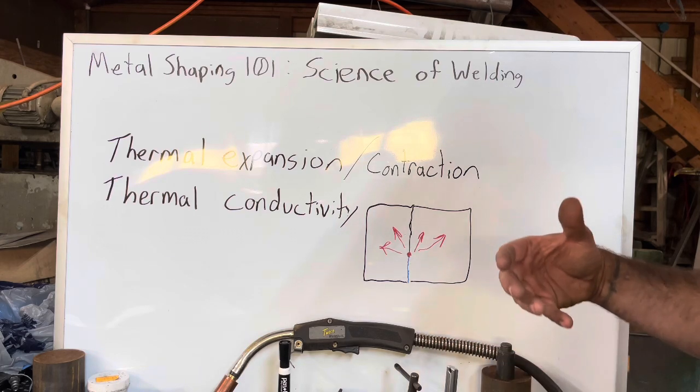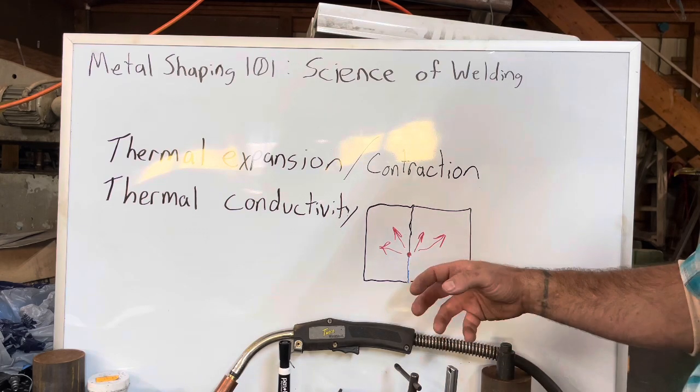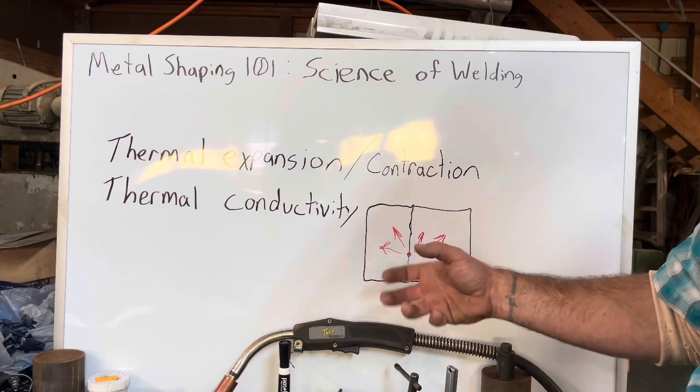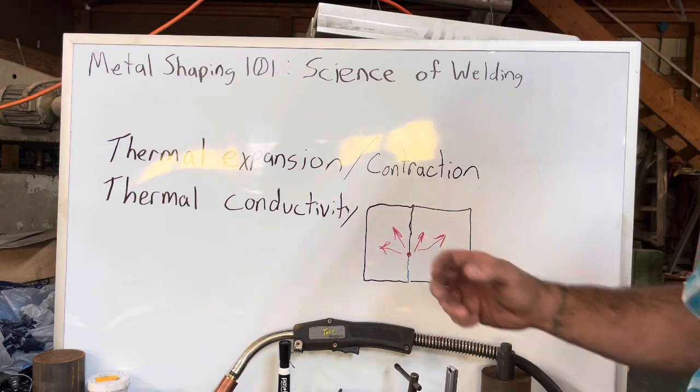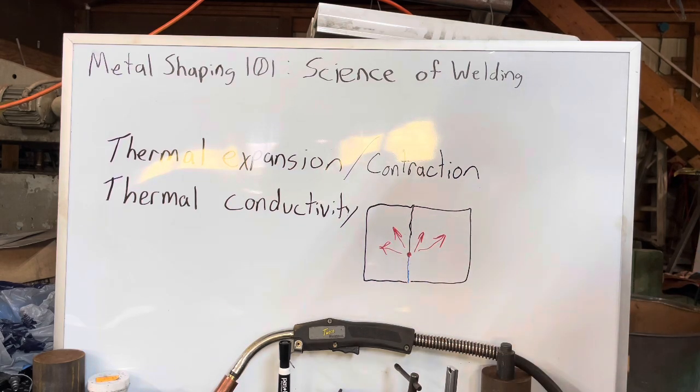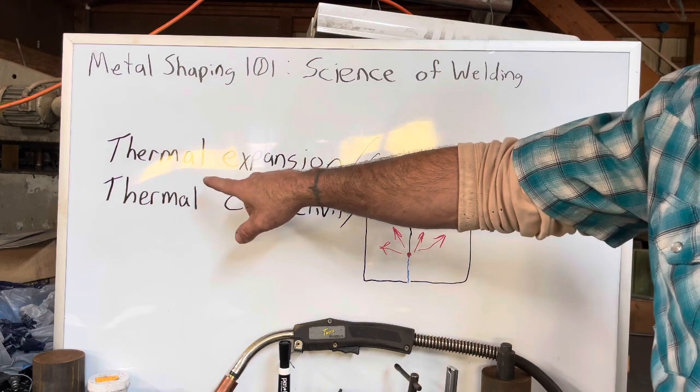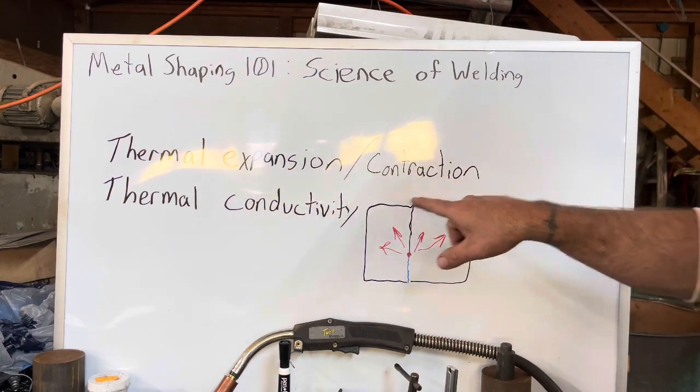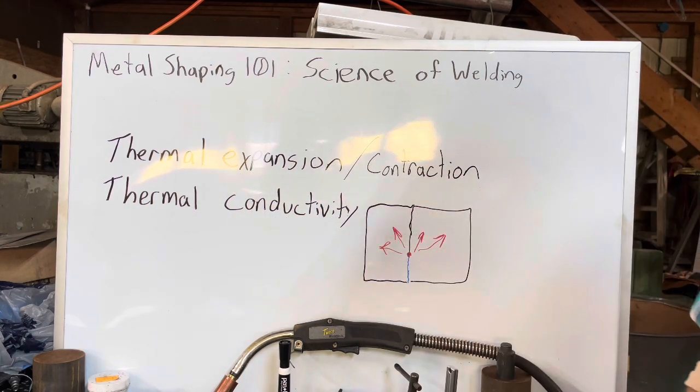Because there are other changes that happen to the steel when it's in the liquid, or the aluminum when it's in the liquid form. That metal changes when it's in a liquid form and goes back to a solid. But it's important to consider, and it's important to kind of study thermal expansion and contraction and thermal conductivity.